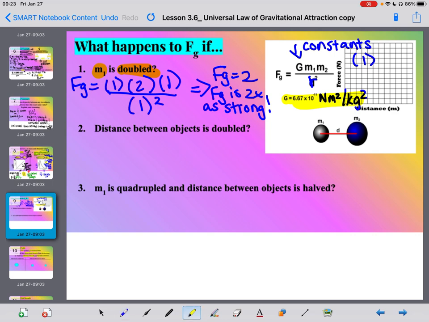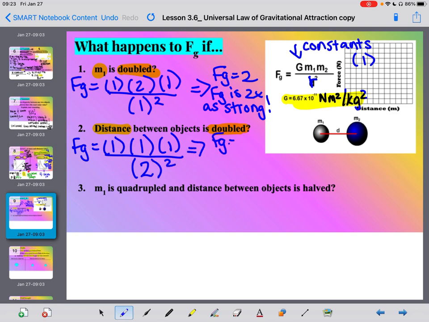Now we're going to talk about what happens if I increase the distance between the objects. So I'm doubling the distance. Again, I'm going to utilize this formula. My gravitational constant is still 1. They didn't tell me anything about masses, so I'm going to leave both masses as 1. So now I'm going to make the distance 2. Now Fg equals 1 in the numerator and 4 in the denominator, because 2 squared is 4.